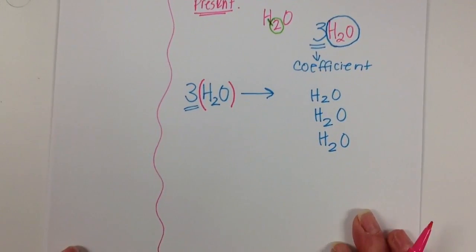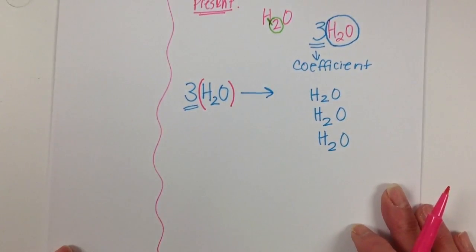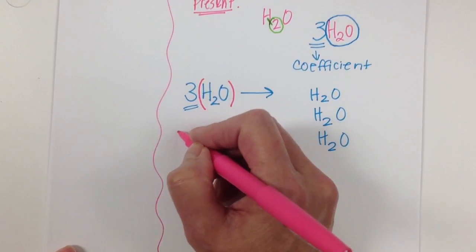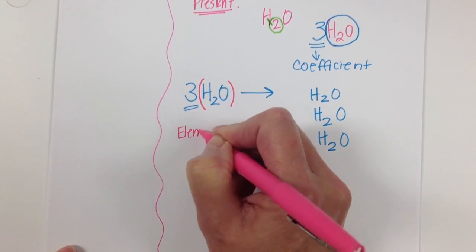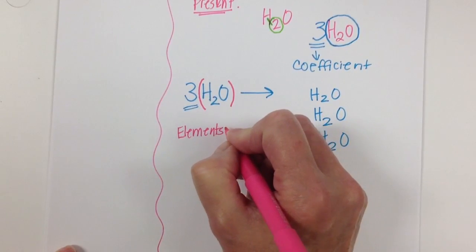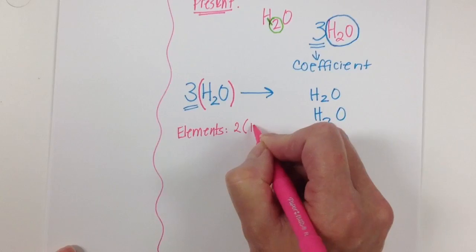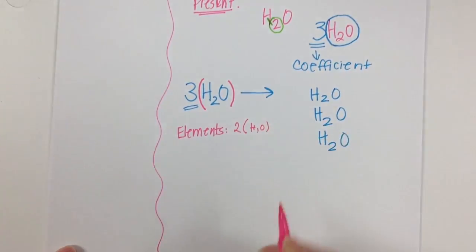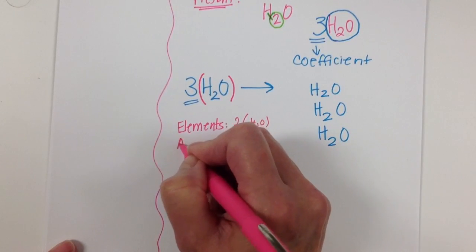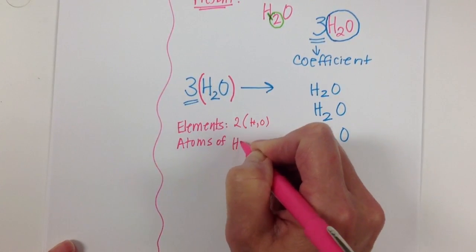So let's look at that. How are we going to do that? Since it means this, we can check ourselves. We're looking for how many elements are in this molecule. Well, there are 2, right? There's hydrogen and oxygen. Those are the elements present. How many atoms of hydrogen are there?